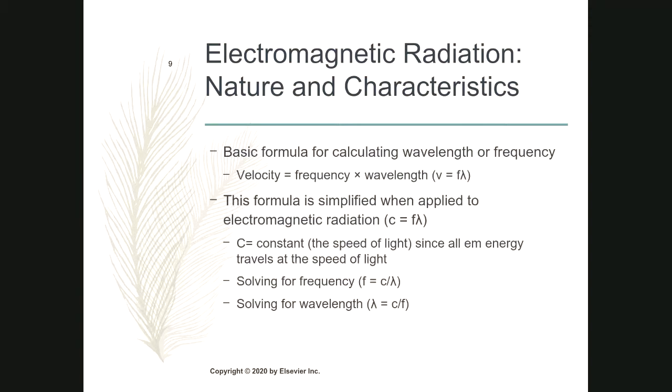When we look at the formula, there actually is a mathematical formula to calculate wavelength or frequency, and that formula is velocity equals frequency times wavelength. And these are the Greek representations of frequency and wavelength.